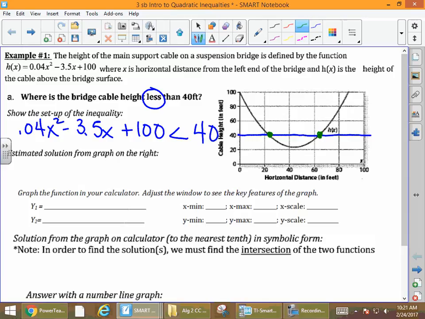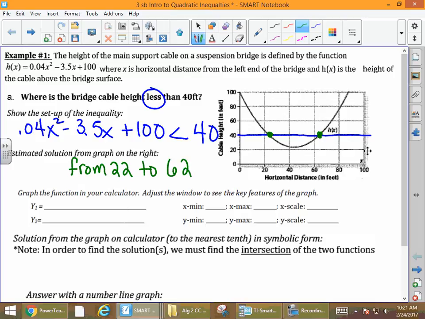Kind of that green point to the left. Jordan? Let's say 22. So from 22 to, how about an estimation of our green point that's farther to the right? Really? 62.